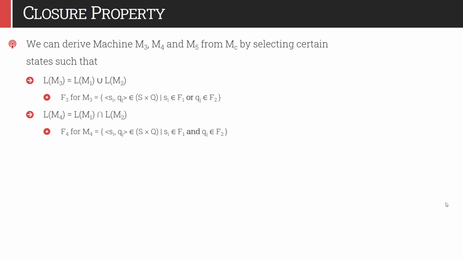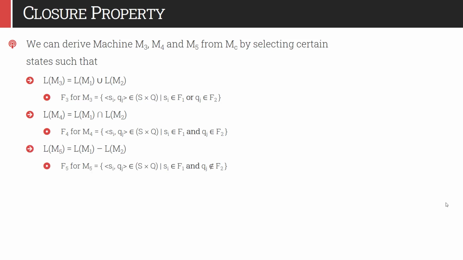To construct the machine for intersection, the OR is replaced by AND. It means Si and Qj both must be final states. Only those states we have to mark as final states in the combined machine MC, and we will call that machine M4.